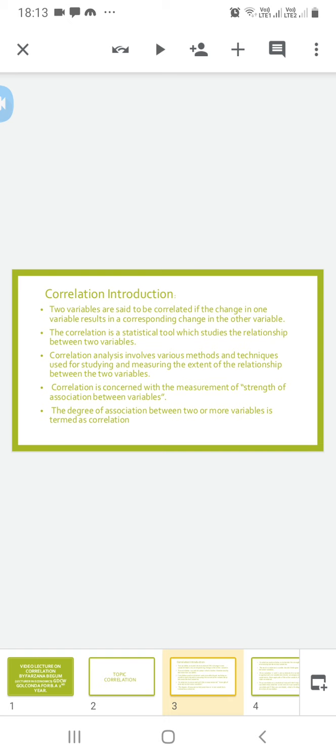Correlation analysis involves various methods and techniques used for studying and measuring the extent of the relationship between the two variables. Correlation is concerned with the measurement of strength of association between variables. The degree of association between two or more variables is termed as correlation.